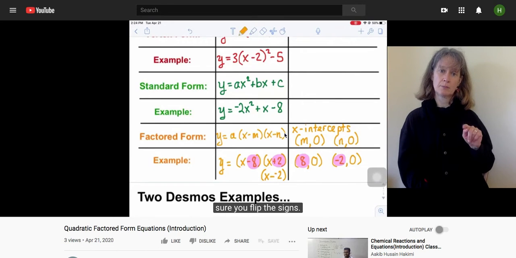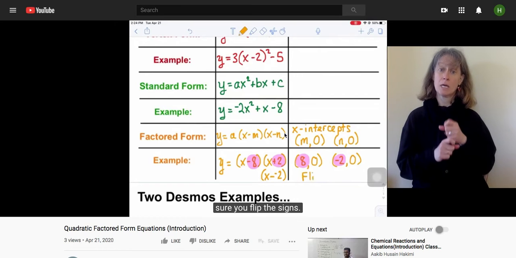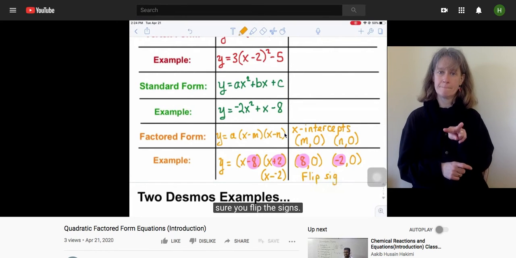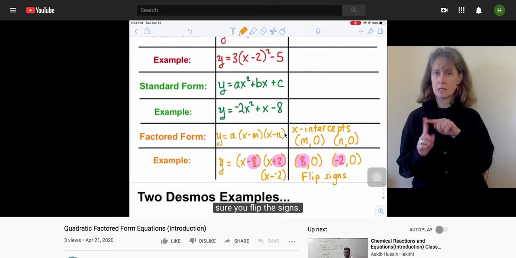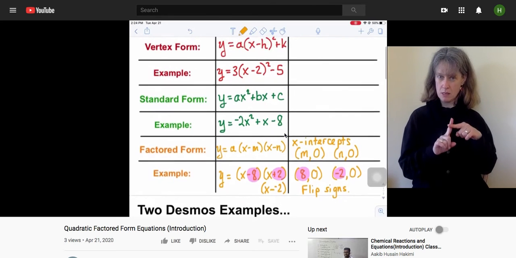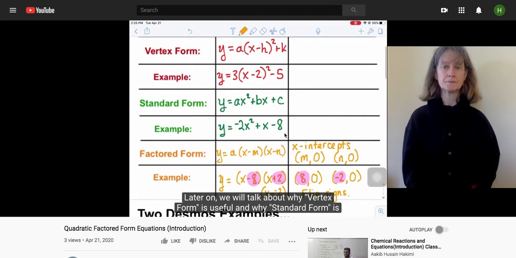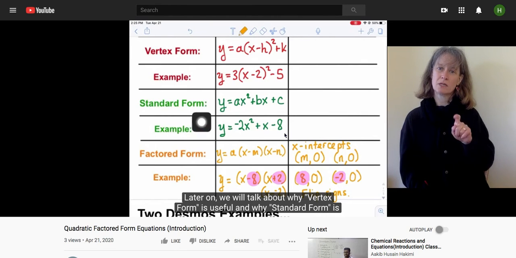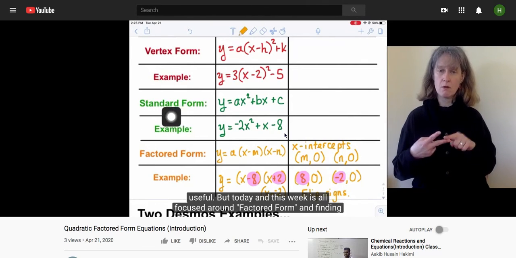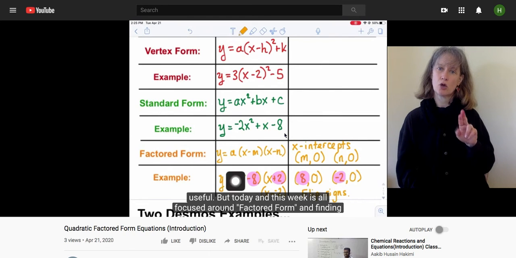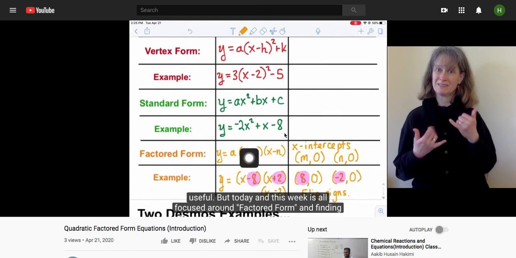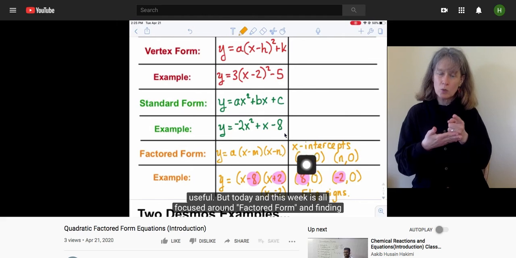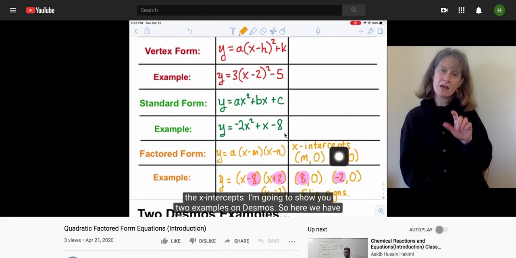So make sure you flip the signs. Later on, we will talk about why vertex form is useful and why standard form is useful. But today and this week is all focused around factored form and finding the x-intercepts.